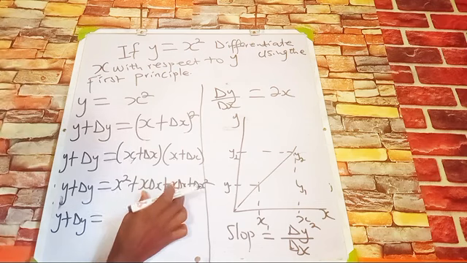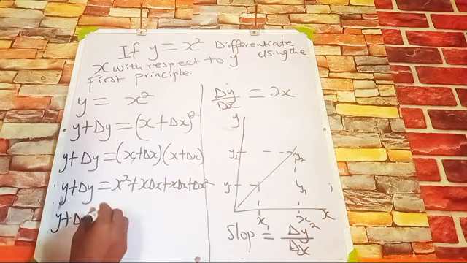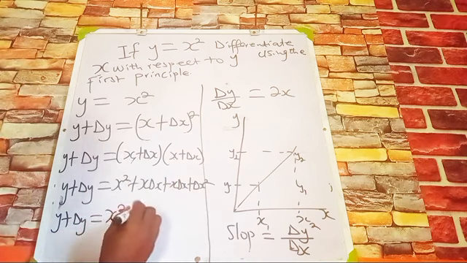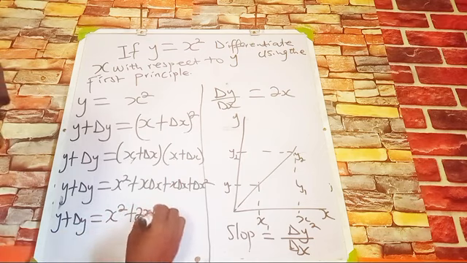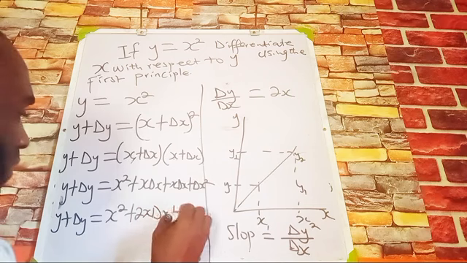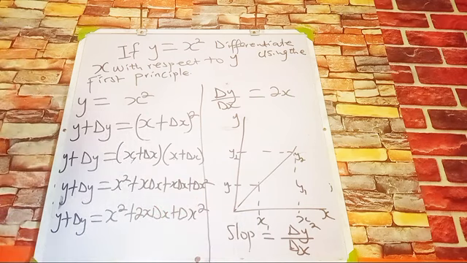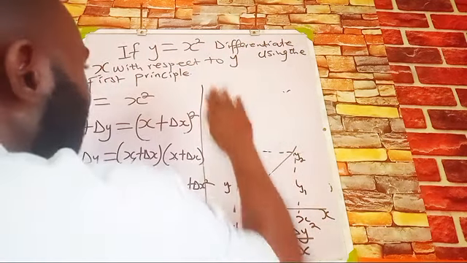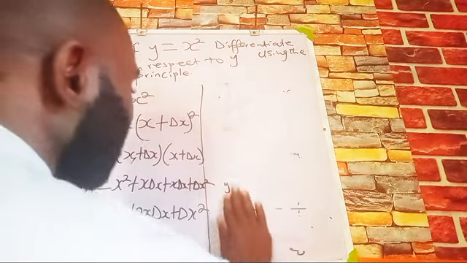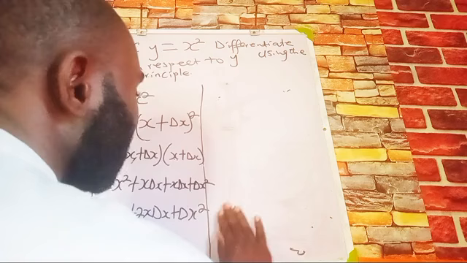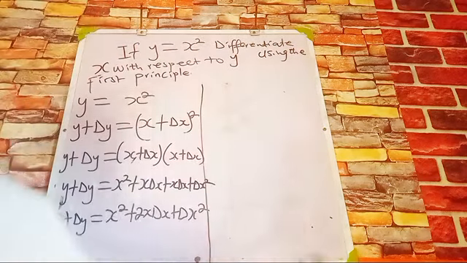So when we sum it together, we're going to have 2 of it. So that is x squared plus 2x dx plus dx squared. That is, when we sum this here, this is what we have. Then we just bring this one down. So let's continue from here.